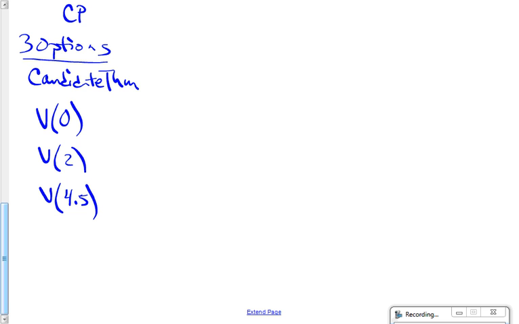V of 0, we already agreed, was 0. V of 4.5, remember that piece of cardboard would be folded completely in half? Would we have volume? No.